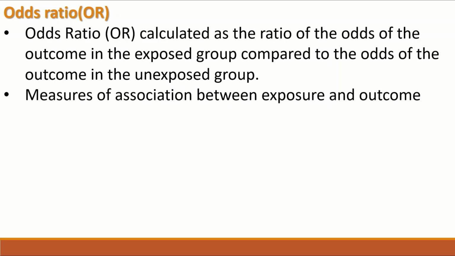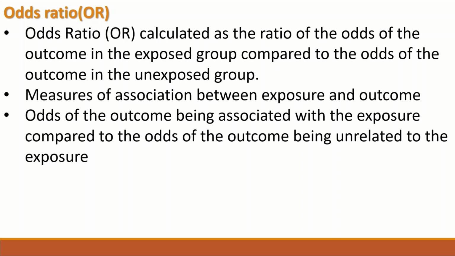So here you have two variables, a variable for exposure and an outcome, and the association between those two variables is calculated. So the odds of the outcome being associated with the exposure compared to the odds of the outcome being unrelated to the exposure.